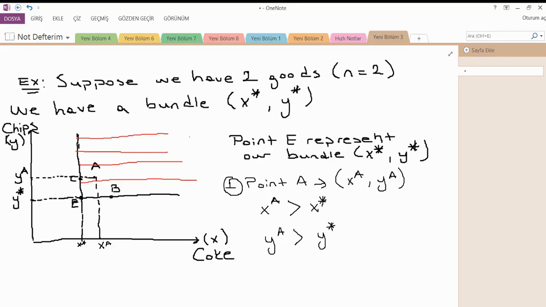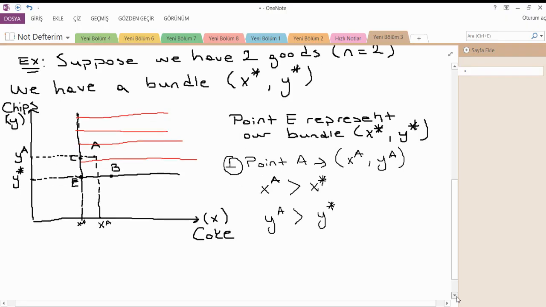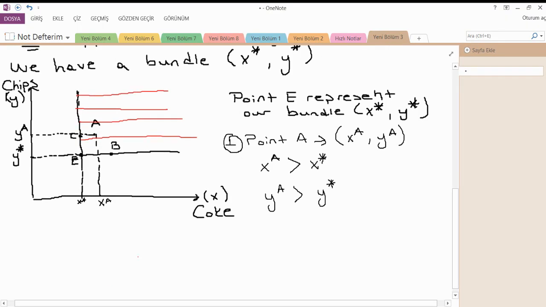This set of bundles, this shaded area, let's write red shaded area.